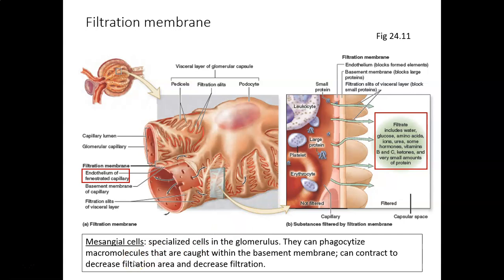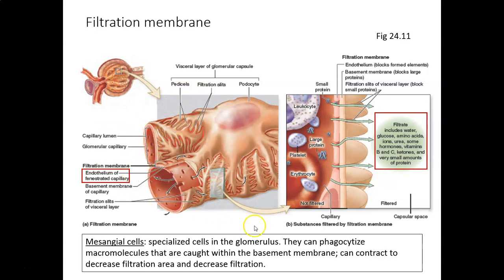There's one more cell I want to mention here. It's called the mesangial cell. These are specialized cells in the glomerulus themselves. Remember, the glomerulus are the capillary beds of the arteries. So they localize inside of the glomerulus.